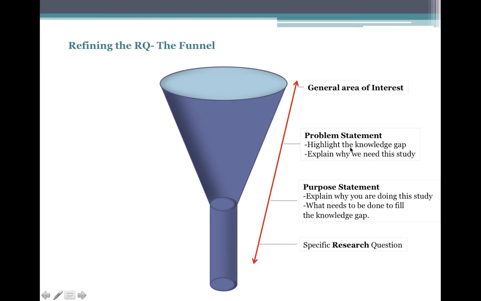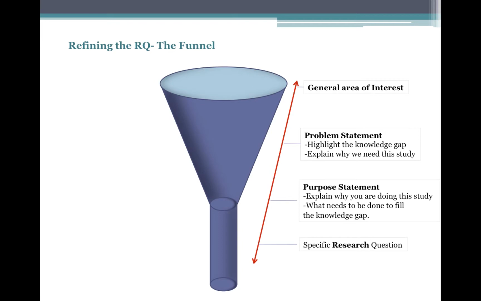And more specifically, we're very interested in, again, the knowledge gap. And this is something that you will probably identify when you do your visual mapping exercise this week. Next is also the purpose statement. Why are you doing this study? So there is always some personal motivation or something that has piqued your curiosity. So it's very important to explain that also, what purpose your study will fulfill and why it is important to you.